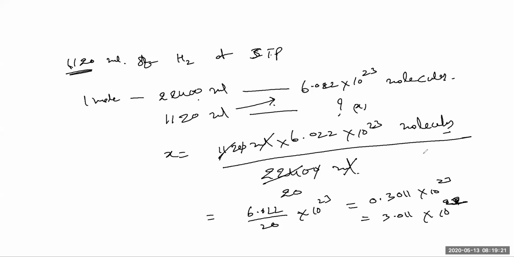Understood about this one? I explained the previous problem again. Is there any doubt? No doubt means no doubt, or is anyone still not able to understand? You all understood? Okay, fine.